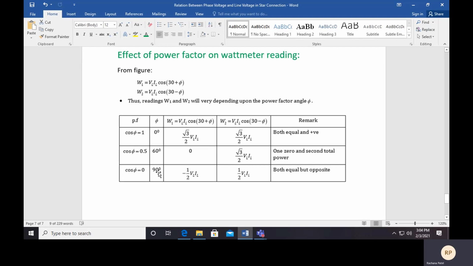And same way, when phi is 90, one wattmeter reading will be minus, the other plus, but the value will be the same. It means our remark is both readings are equal but have opposite sign, then we can say that power factor is 0. So guys, this is a very important understanding about the 2 wattmeter method along with the power factor effect on wattmeter reading.